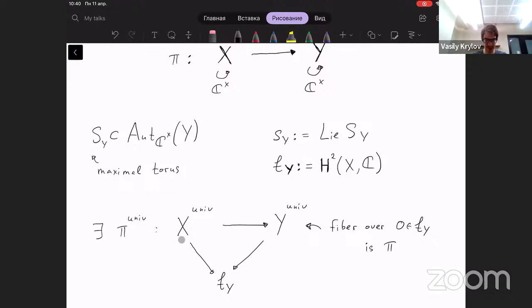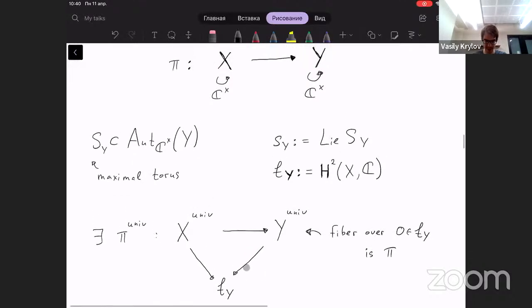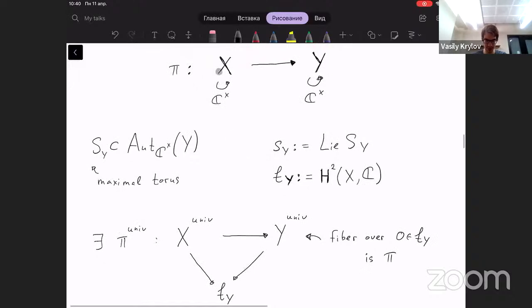So there exists a variety X universal mapping to Y universal, which both live over this space Ty, and such that the fiber over 0 of these maps is our original map from X to Y. And we have already seen these universal deformations for quiver varieties.